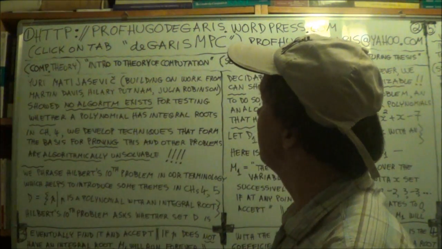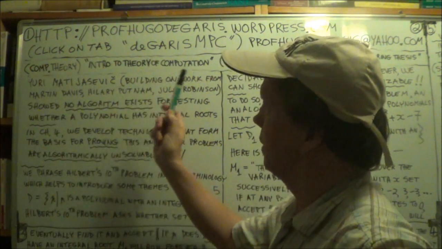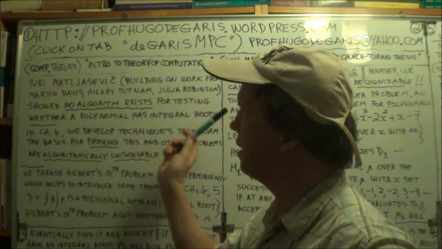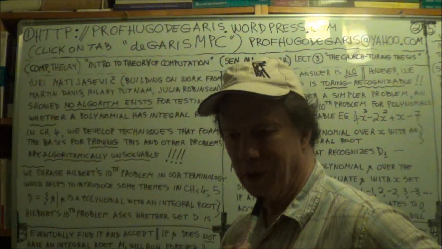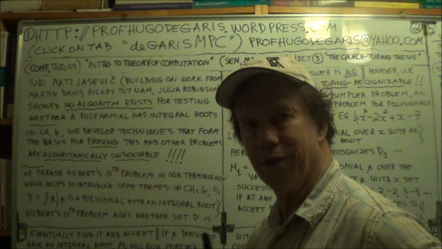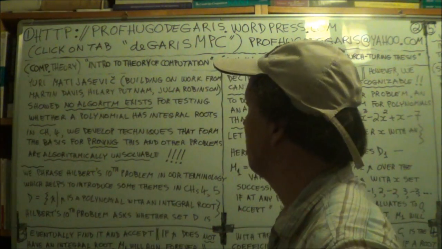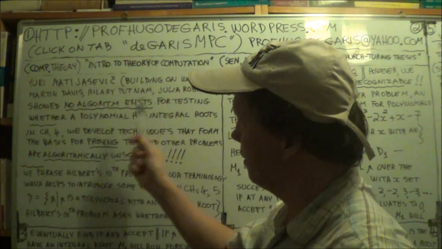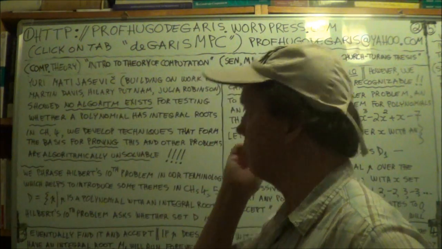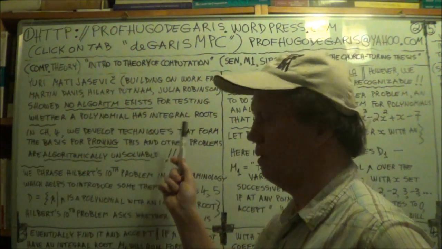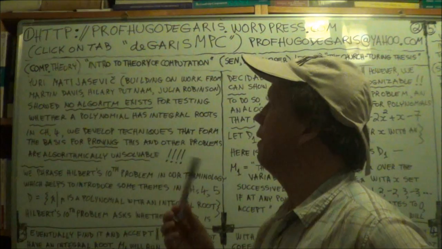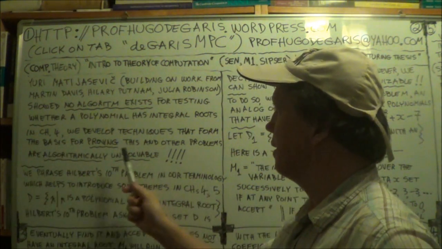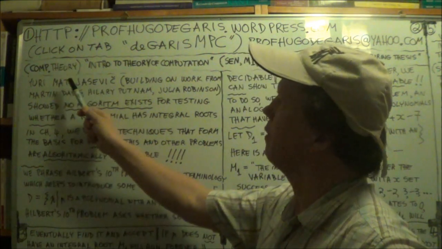All right. So what did he do? Well, he actually showed there is no algorithm that can test if a polynomial equation has integral roots. That was Hilbert's 10th problem. Now, in the next chapter we will be developing techniques that will serve as the foundation, the basis, for proving this kind of thing.